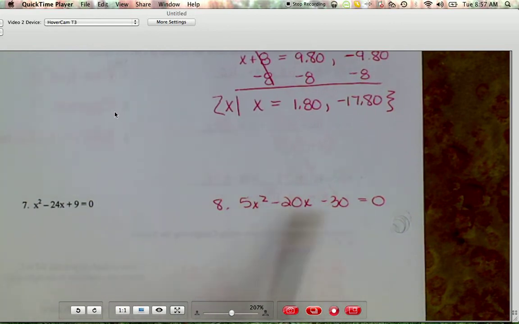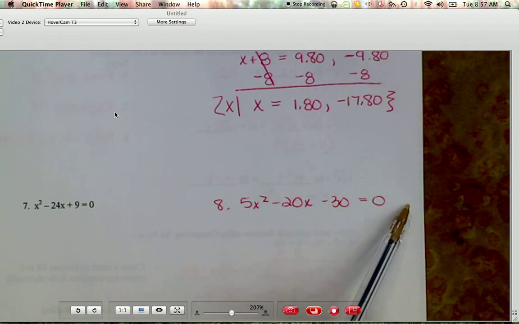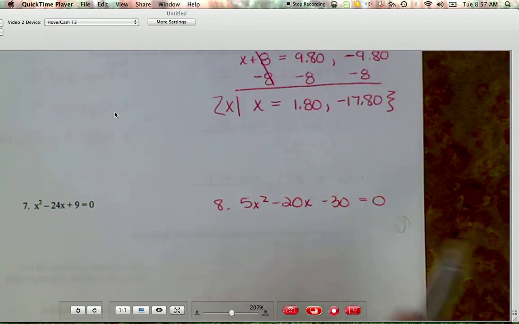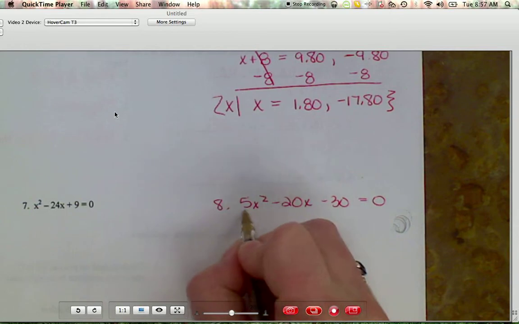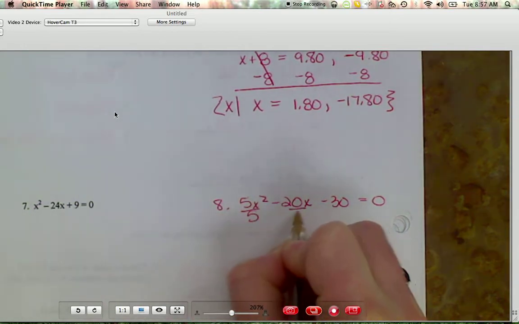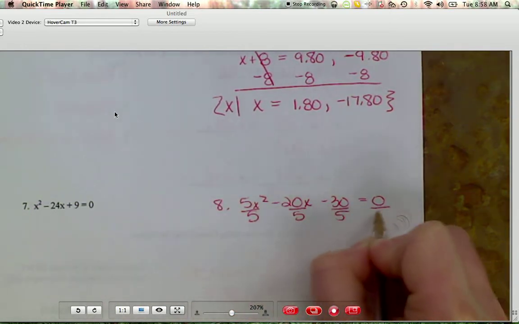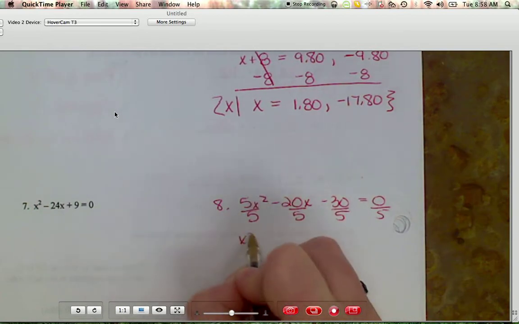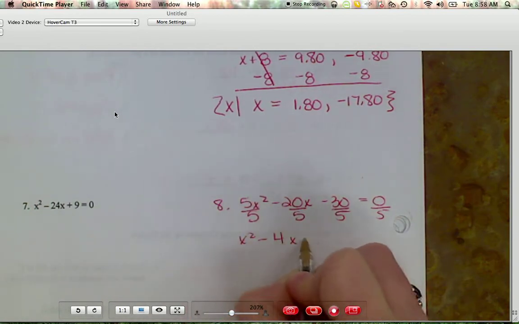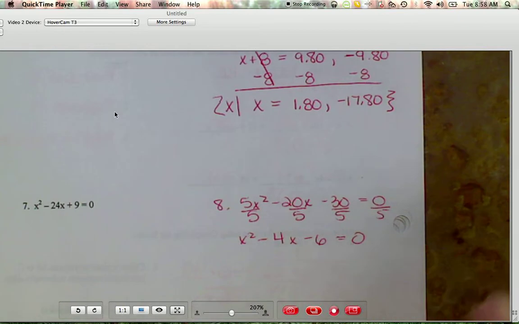What we could do is divide everything by 5. So if we do that, go ahead and divide this by 5, this by 5, this by 5, and this by 5, which leaves us with x squared minus 4x minus 6 equals 0.